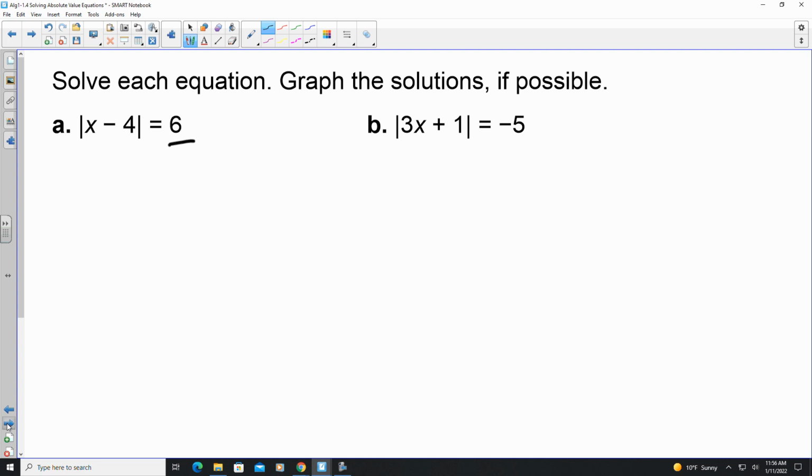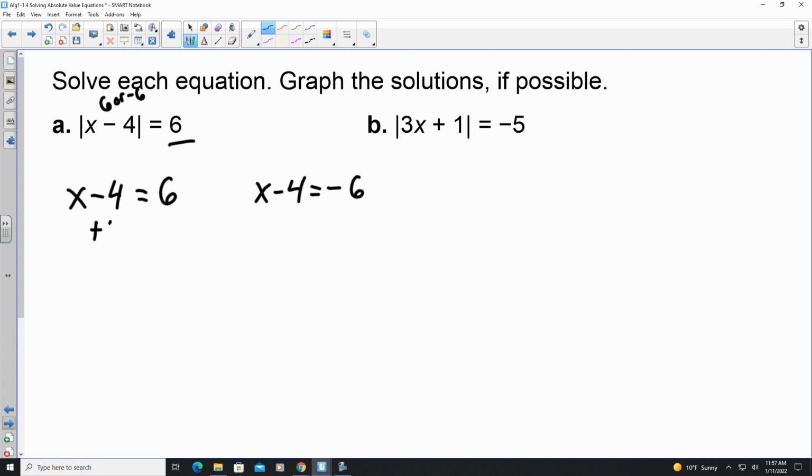So you are going to rewrite this as two separate equations: x minus 4 is equal to positive 6, where everything looks the same except the absolute value bars are eliminated, and x minus 4 is equal to negative 6, because this could be 6 or this could be negative 6 as a result.